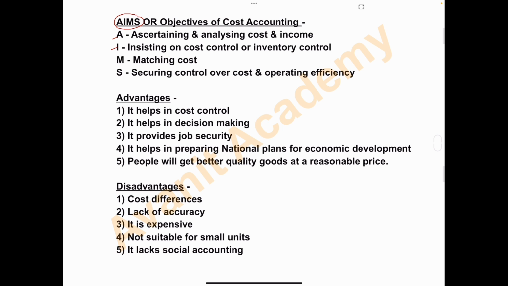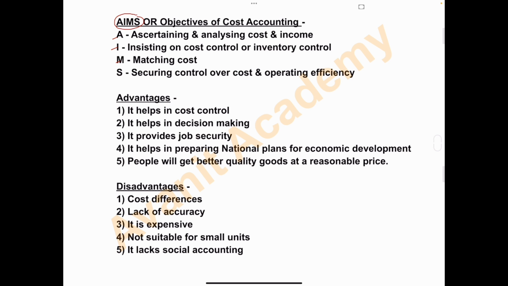I, that is, insisting on cost control or inventory control. The second important objective of cost accounting is to control the cost, that is, reducing the cost of a product, that is, providing quality goods at a reasonable price to the customer. M, matching cost. S is securing control over cost and operating efficiency. So these four are the aims or objectives of cost accounting.